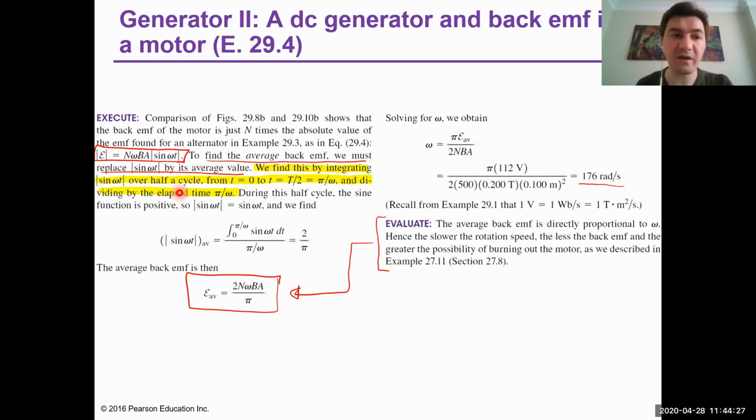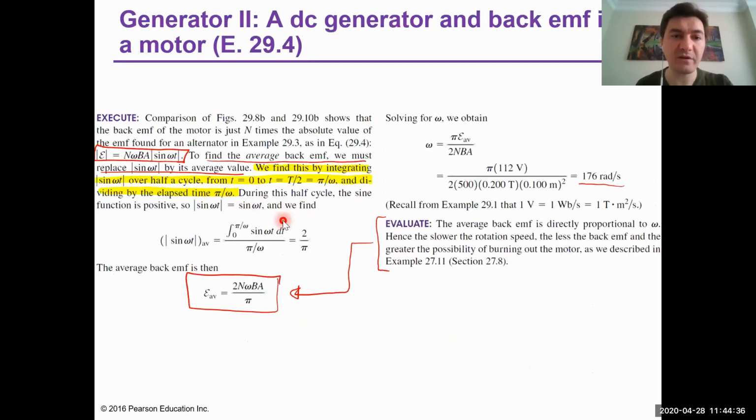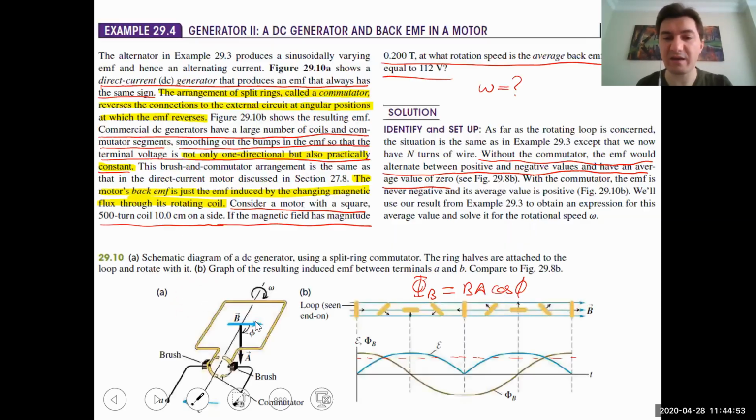We find this by integrating sine omega t over half a cycle, just for this part. Then average sine omega t is 2 over pi. I will not go into detail. So just take this 2 over pi and put it instead of sine omega t. Then here we have average back EMF. You can see it like this.